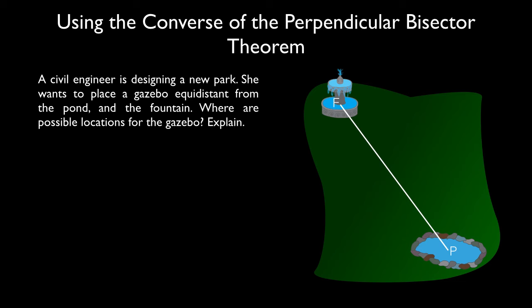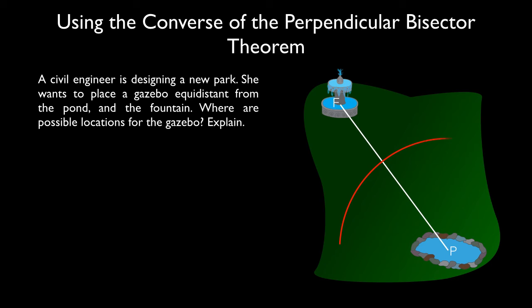Now, she wants it equidistant from those endpoints. If a point is equidistant from the endpoints, then it is on the perpendicular bisector.